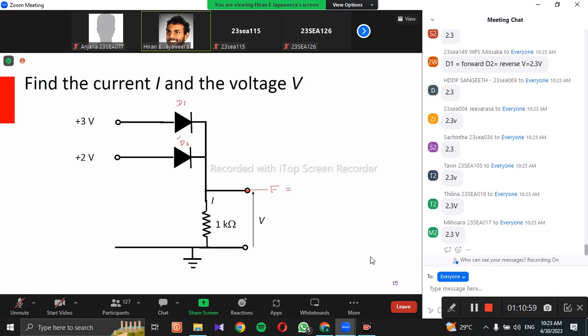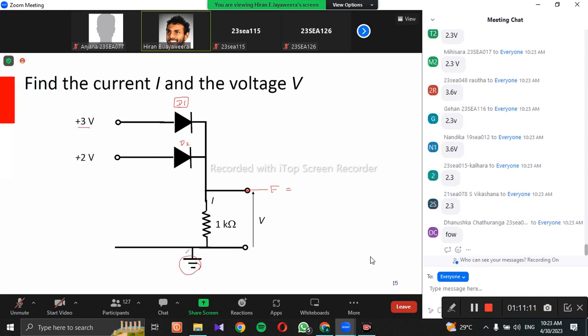Let's start with diode D1. What is the biasing of that diode? 3 volts here, maybe ground here. So it's forward bias, right? When this diode gets forward bias, what could be the potential at this point? You have 3, you drop 0.7, you get 2.3. So here also this value is 2.3.